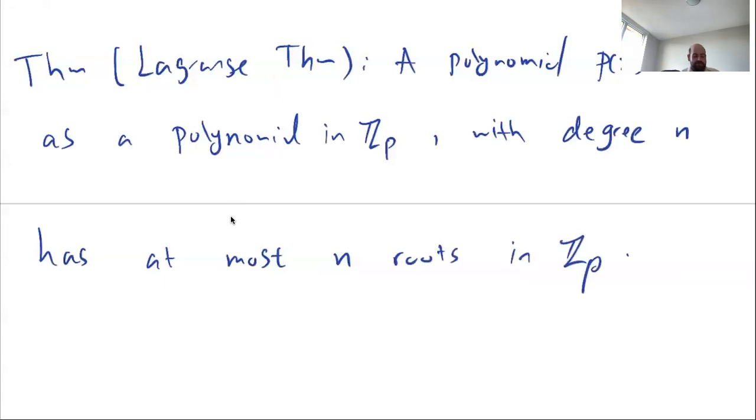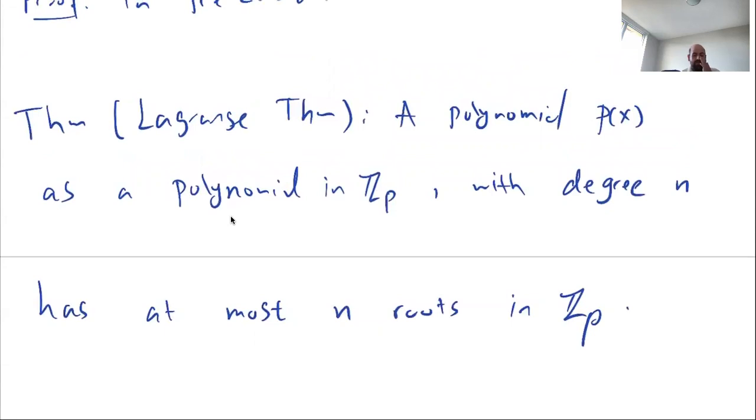Well, that's amazing. This theorem, which is called Lagrange theorem, Lagrange was a famous mathematician, and there are different results after his name in different fields of mathematics.